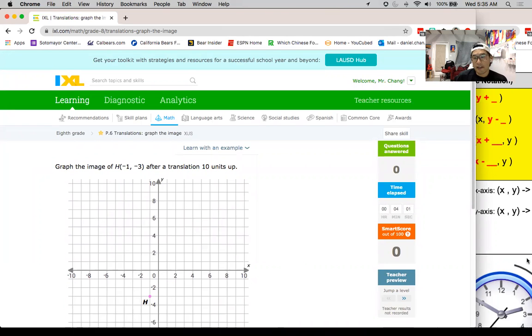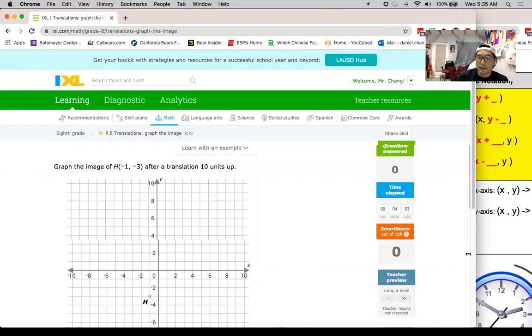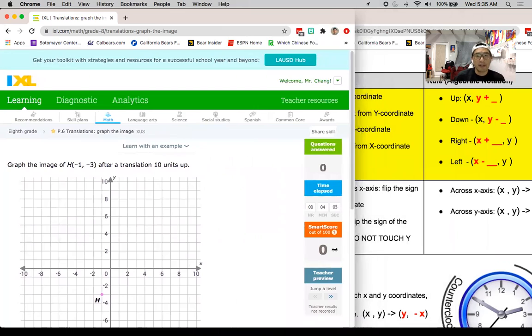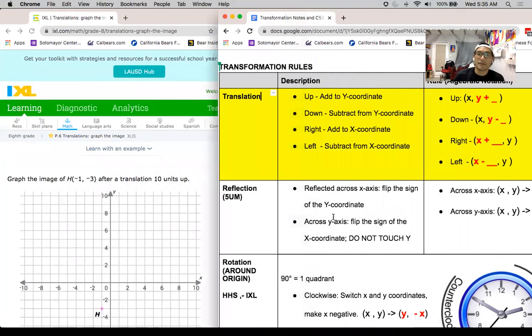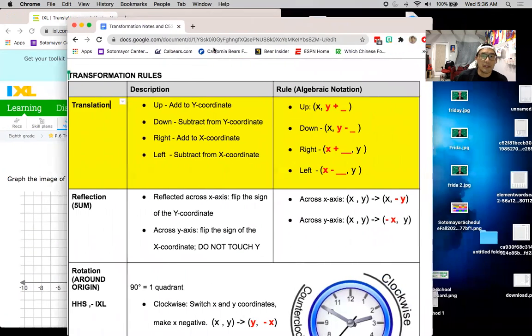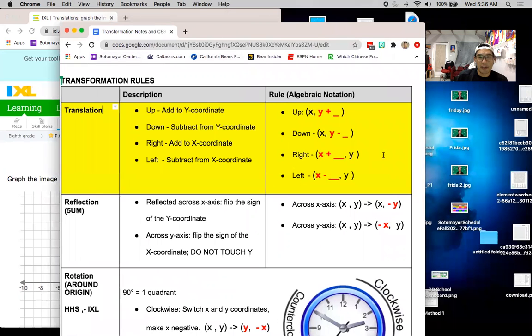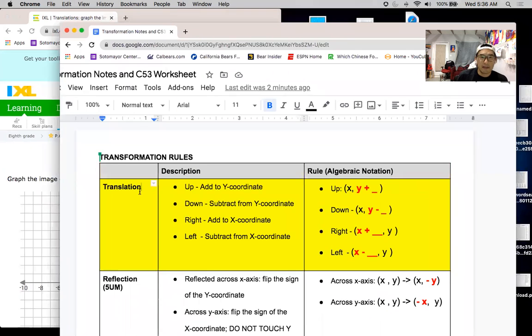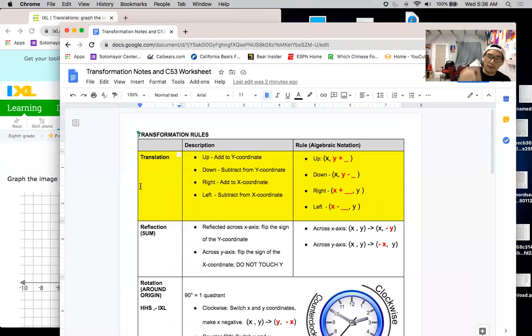And the other thing you're going to need for all of your transformation iXL assignments are your notes. So pull up transformation notes in C53 worksheet. You can find this in Schoology. It is in your week 8 folder.